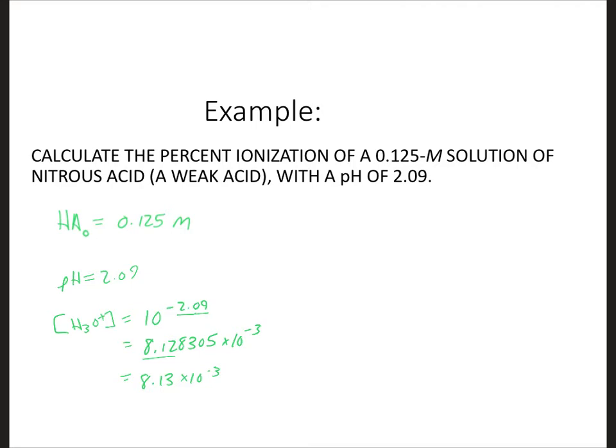So now we have what we need in order to calculate the percent ionization. Percent ionization is going to be equal to the part divided by the whole times 100, so that's going to be the part that ionized, 8.13 times 10 to the minus 3, divided by the whole, which was what we started with, 0.125 molar.